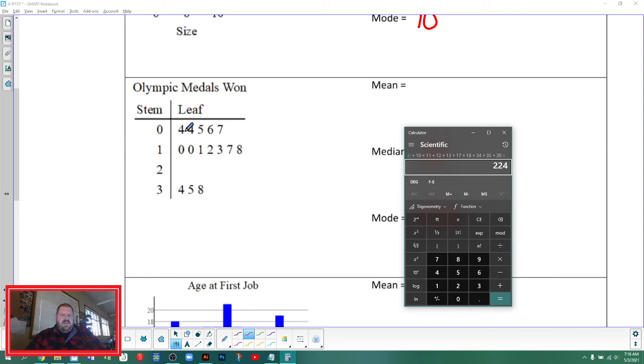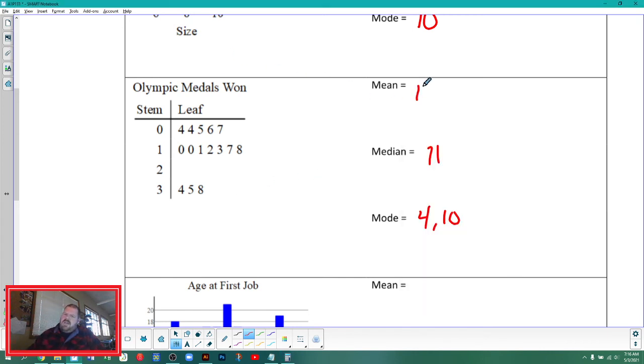And then how many are there? That looks like 1, 2, 3, 4, 5, 6, 7, so that's 12, 13, 14, 15. So we're going to take that and divide it by 15. So our average is 14.9.